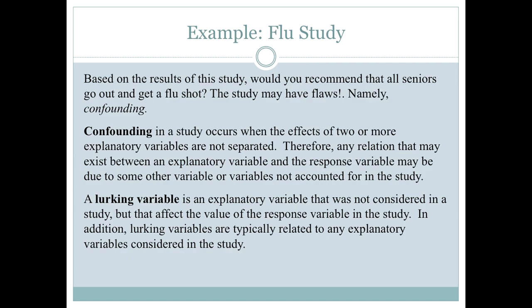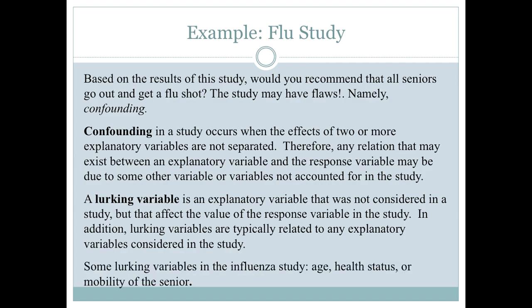Those are all possible lurking variables. In this case, they listed some more here: age, health status, mobility of the senior. Those are all things that can also affect whether or not that senior gets the flu or pneumonia in a given year.